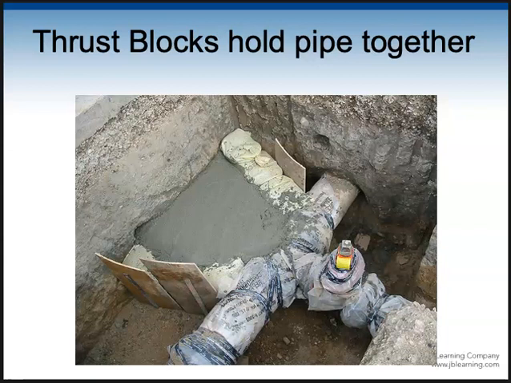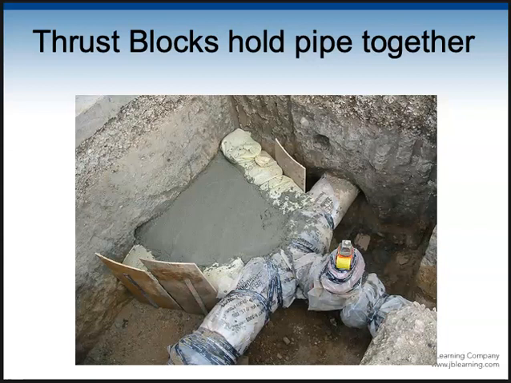So thrust blocks are one of the ways, and NFPA 24 tells them how and where to do it. It's so detailed because the soil in different parts of the United States is different. Some areas are really sandy, some areas are really rocky, some areas have a lot of clay.